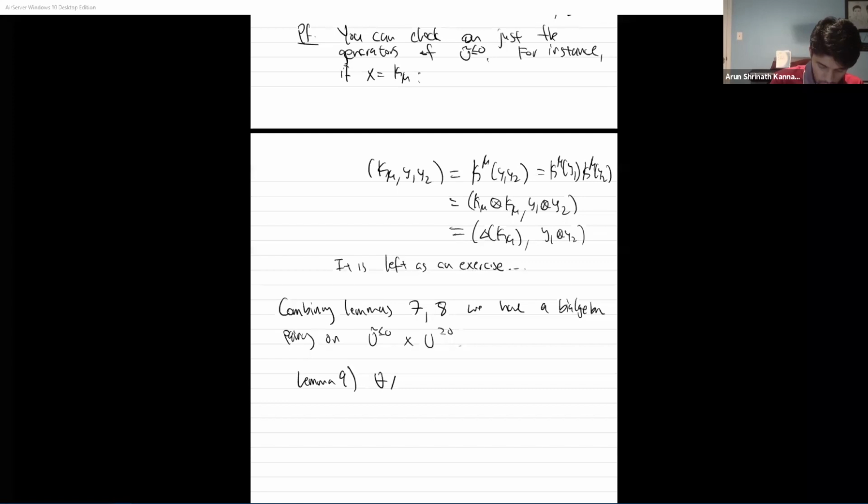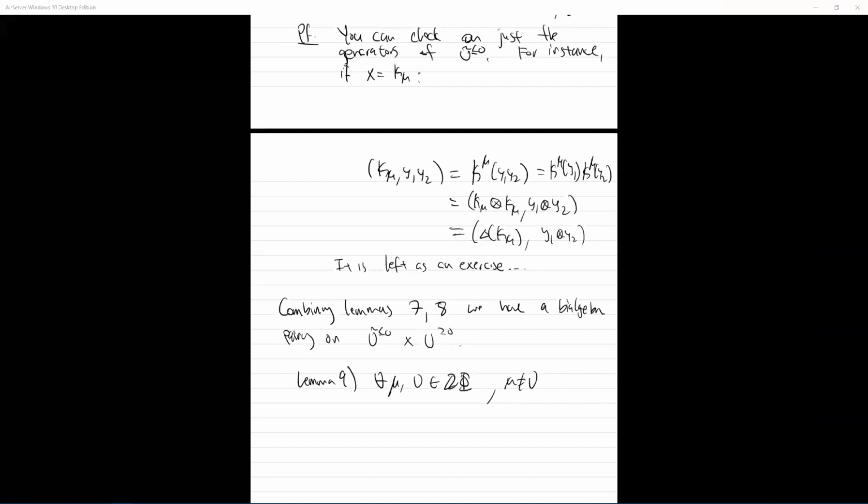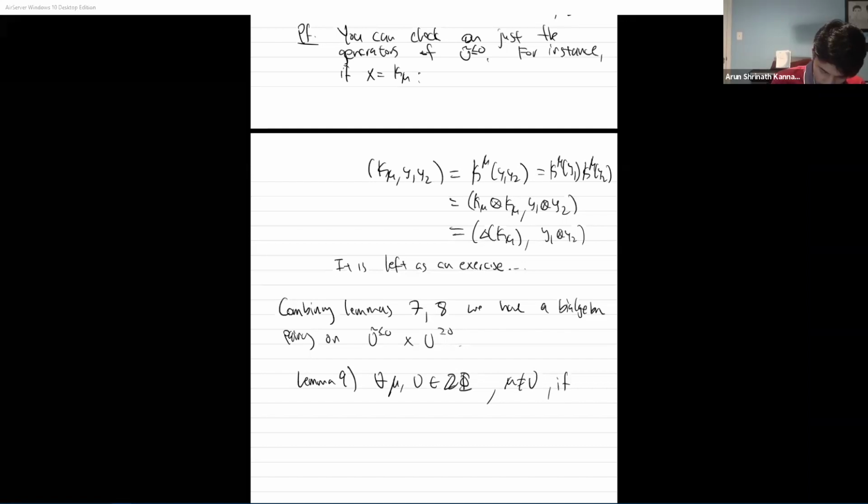For all mu, nu in the root lattice, with mu not equal to nu, if x is an element of U minus mu, and y is an element of U plus nu, then x paired with y is 0.